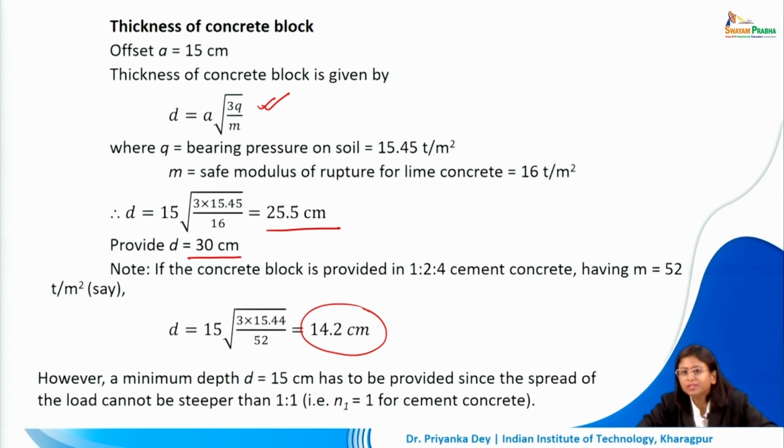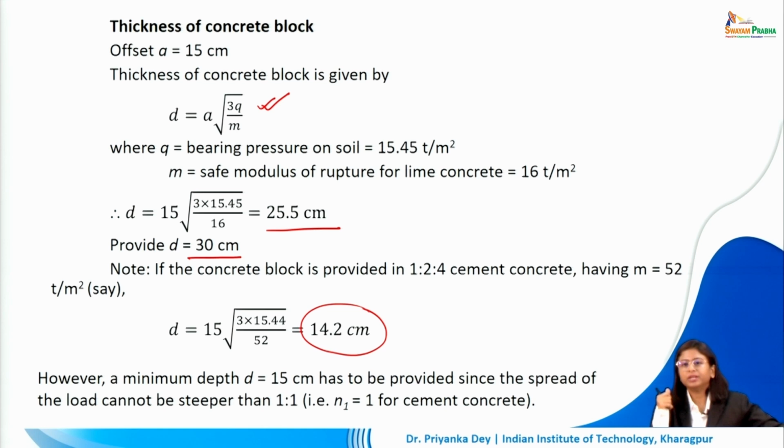It's difficult to construct that. We will go for a minimum depth of 15. So in that case, what would have happened is that 15 and 15, that is, the offset is also 15 and the depth is also 15. So it would be a pretty good, n1 is equal to 1. So the ratio that we are expected to maintain according to the National Building Code, we would have still been able to maintain in this case.